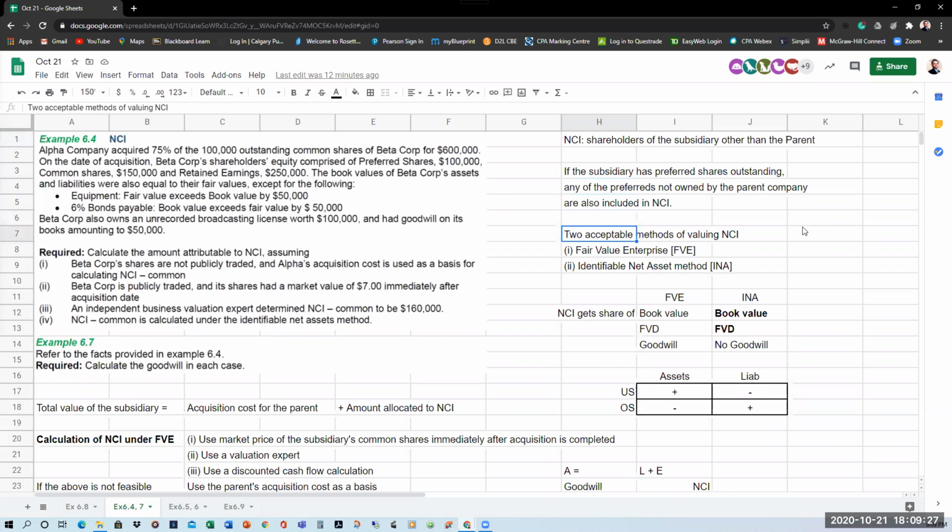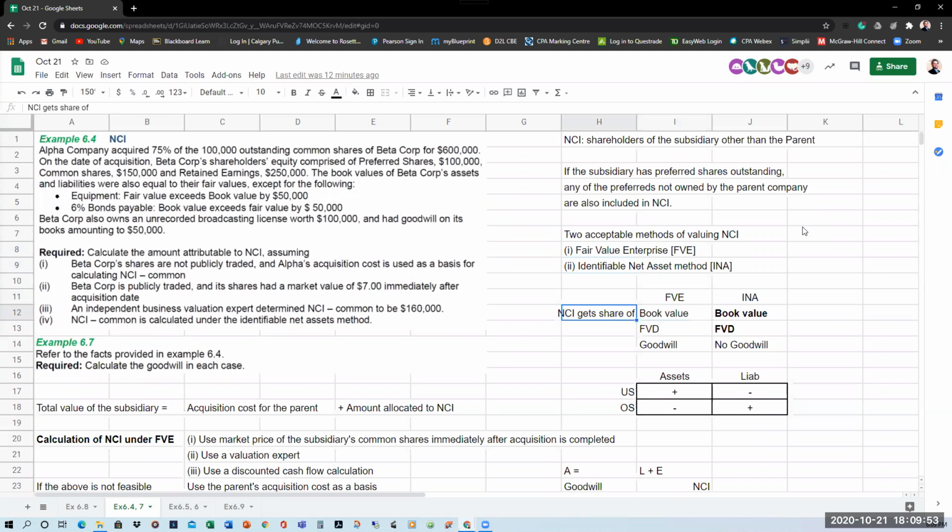There are two acceptable methods for valuing non-controlling interest. They are fair value enterprise, the FVE method, and identifiable net assets. Now, the comparison between the two methods essentially reveals that they're fairly similar in the sense that non-controlling interests are given their share of.